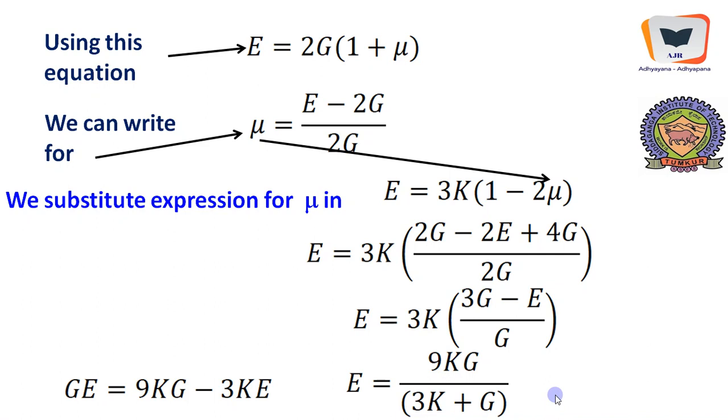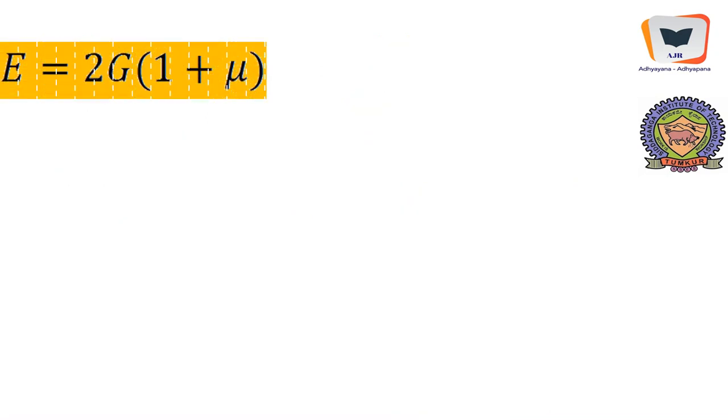This is one of the significant derivations that we do in strength of materials. It is significant because it relates 3 different properties of materials, of course within elastic limit: one is K, the other is G, and the other is E. Therefore, in this tutorial, we have established 3 equations.